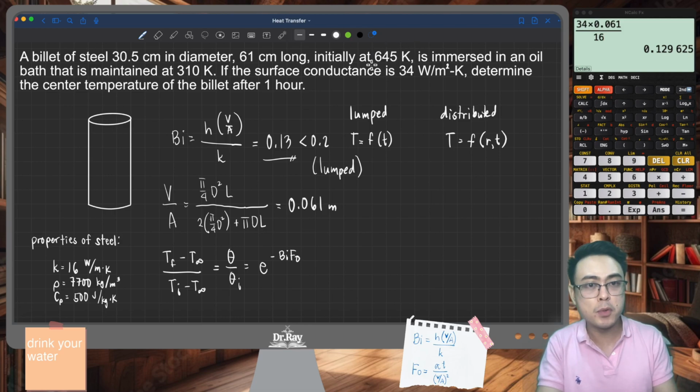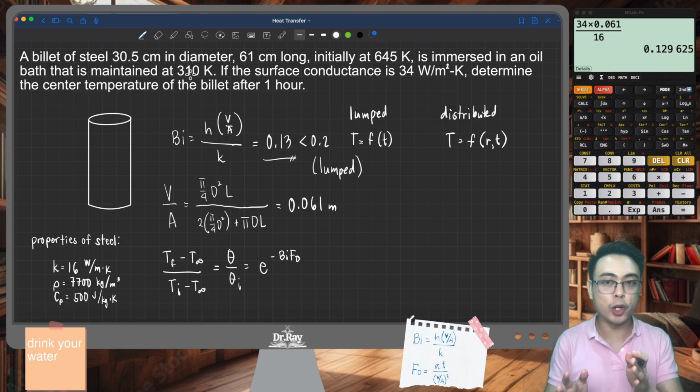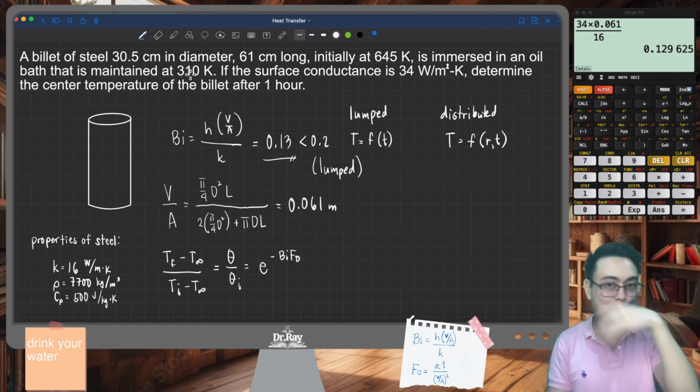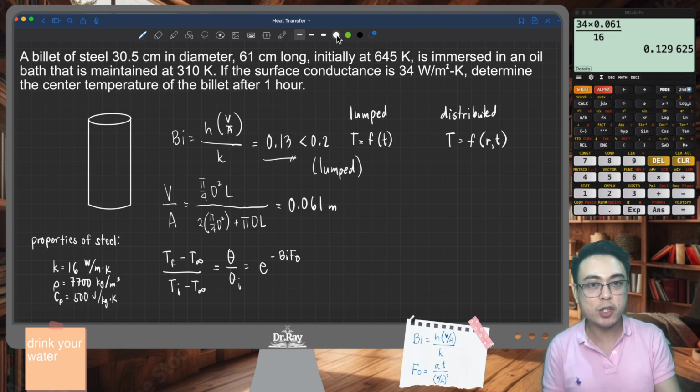You're given the initial temperature of 645 Kelvin, right? That's your T sub i right there. And you're also given the surrounding temperature of the bath. It's 310 Kelvin. So imagine that your cylinder is hotter compared to the surrounding fluid. So the direction of heat transfer will be from the cylinder to the fluid outside.